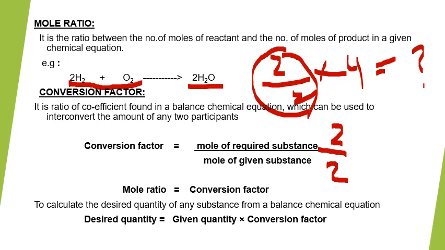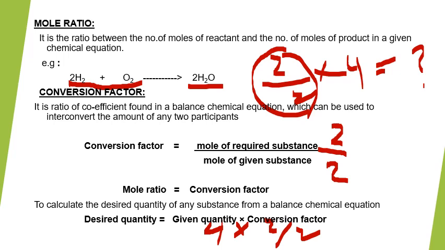Desired quantity of the substance, that is how many moles of water will be produced. Given quantity of this hydrogen, that how much is being given. As I told you earlier, suppose 4 moles are given of it, multiplied by the conversion factor 2 upon 2, which is generated from the balanced chemical equation.